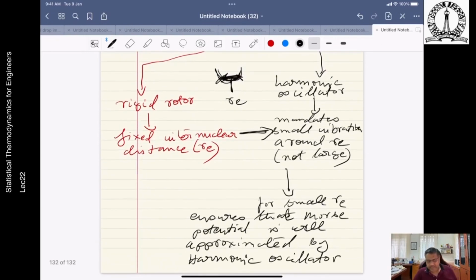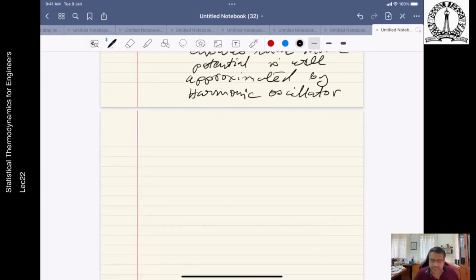And that ties very well with the rigid rotor model, because R is fixed, invariant, and therefore there is only a small amount of oscillation about R. That is what ensures that the oscillation is well behaved, so to say.